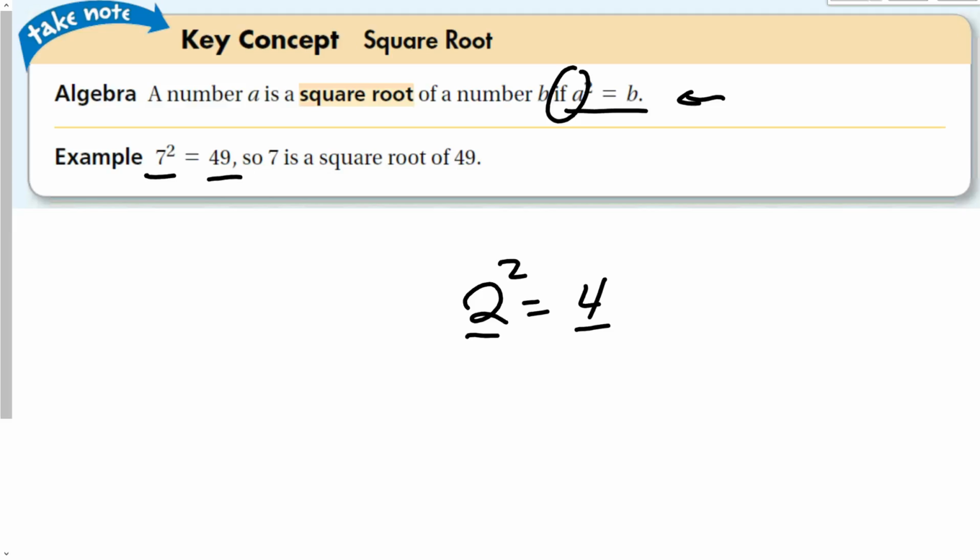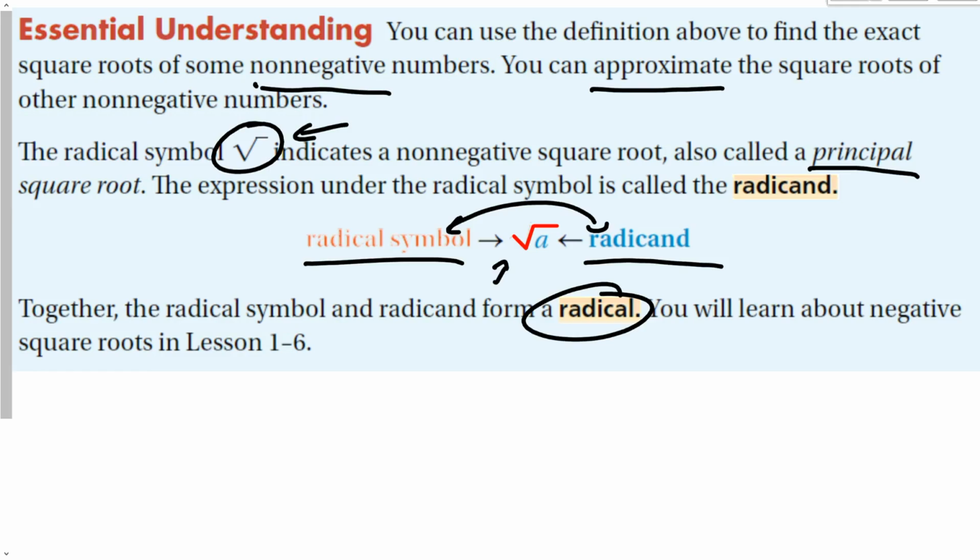There's other types of radicals, and I'm not sure if we'll get there in this class, but you'll definitely get that in Algebra 2, maybe even a little geometry too. There are upper level radicals that we can learn about. We will learn about negative square roots in 1-6, and we'll talk a little bit about that then.